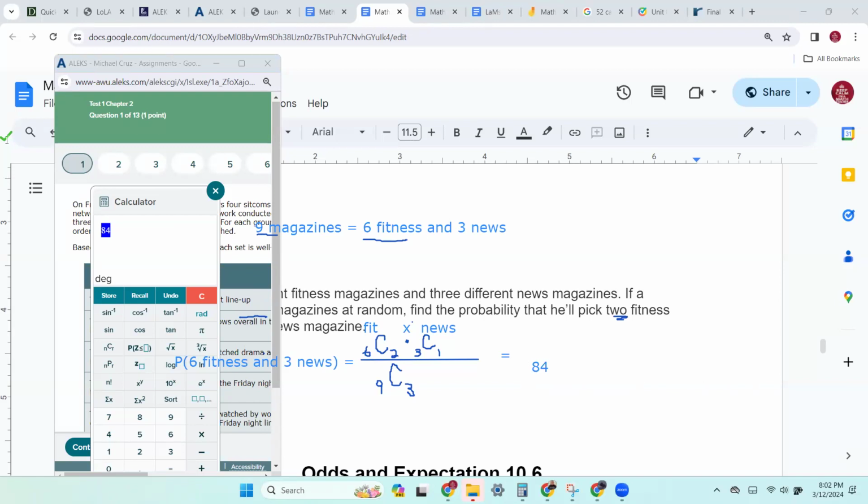All right, and then up here, we're going to have two numbers. We're going to multiply. Okay, that's our multiplication sign.